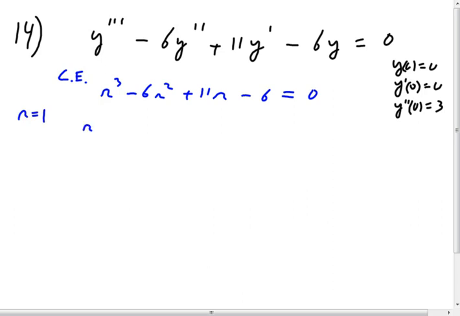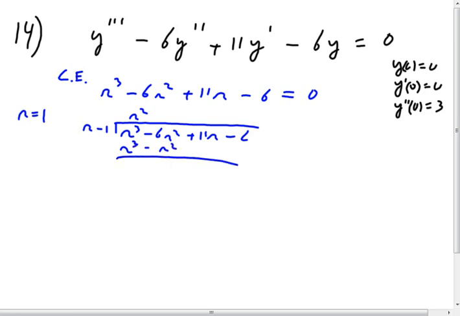So we're going to take r minus 1 and divide it into r cubed minus 6r squared plus 11r minus 6. It goes in r squared times: r cubed minus r squared. I subtract, giving minus 5r squared plus 11r minus 6. Minus 5r times r minus 1 is minus 5r squared plus 5r. That goes away, that goes away.